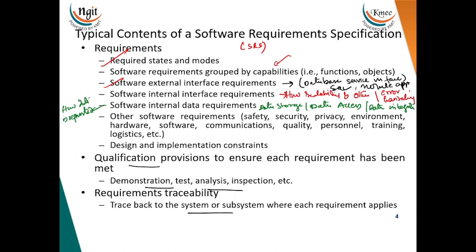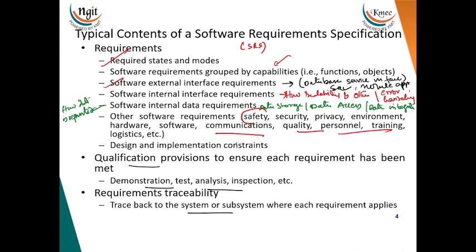Software internal data requirements: data storage, data access, data integrity, how data is represented. Other software requirements are safety, security, privacy, hardware, software, communication, quality, and personnel training.